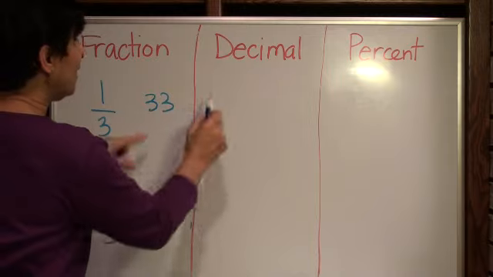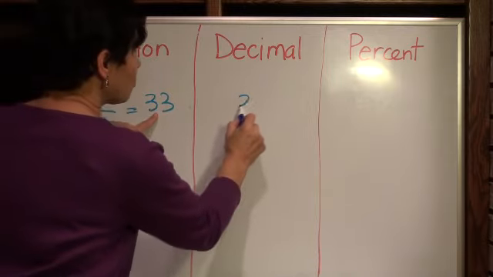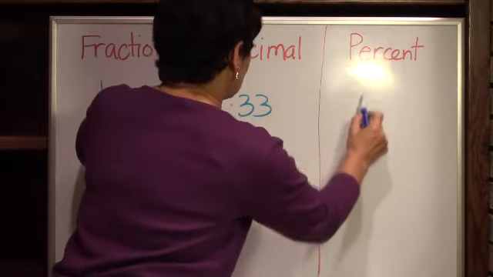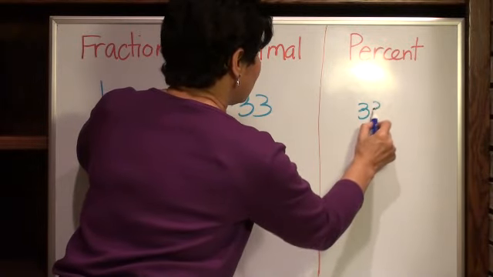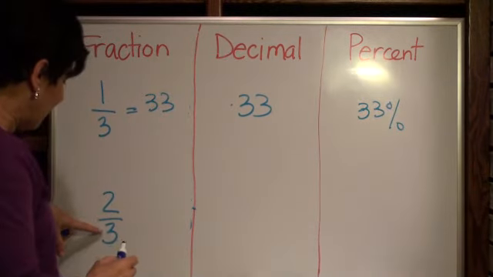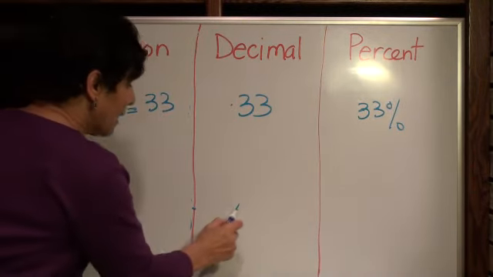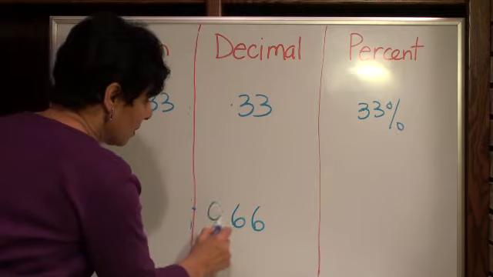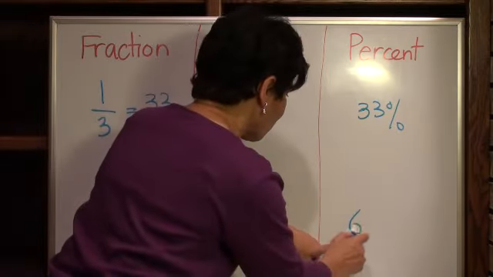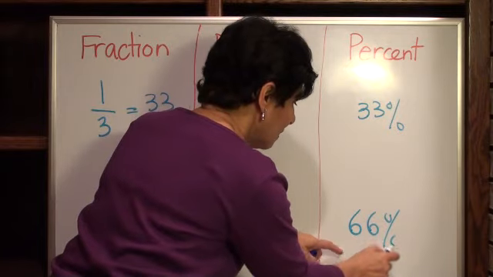We write one more 3, and that's exactly what's going to be. So we want our decimal to be 0.33, which makes our percent to be 33%. Same goes for these. Multiply 3 times 2, that's 6. Write it 2 times. So our decimal is 66 hundredths, and our percent is going to be 66%.